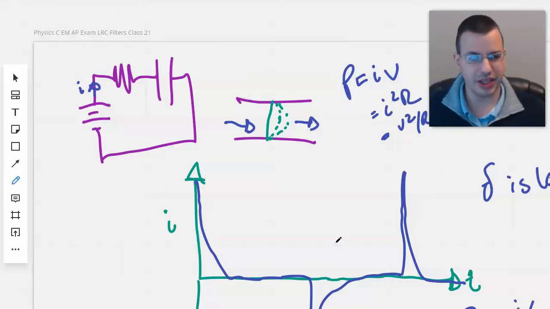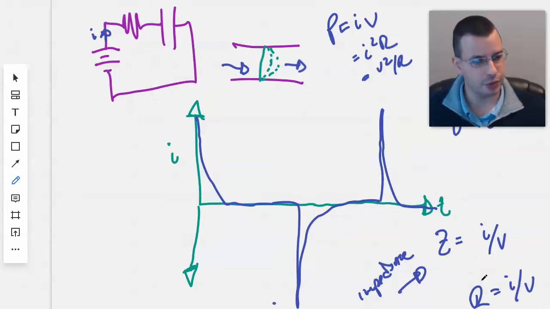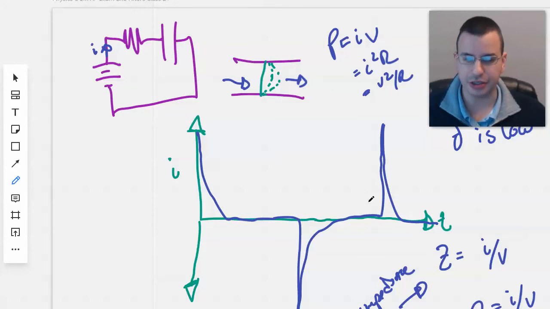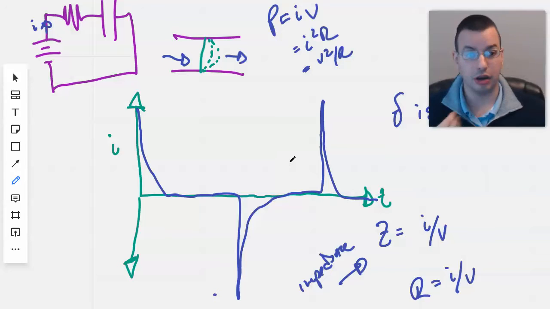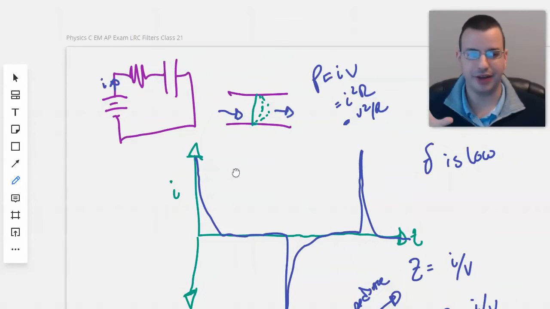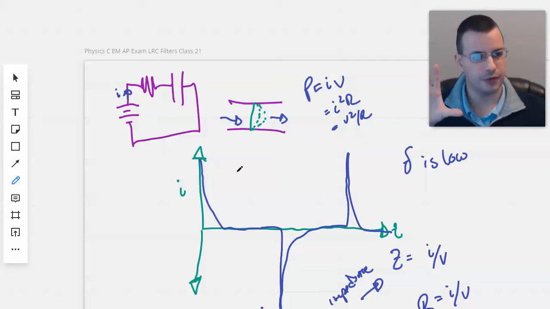Well, one other thing is the electrical impedance depends on the frequency. As we discussed here, a low frequency for a capacitor will create a very large resistance to flow. And so we need a way of capturing this resistance to flow based on the frequency of the alternating current we have.